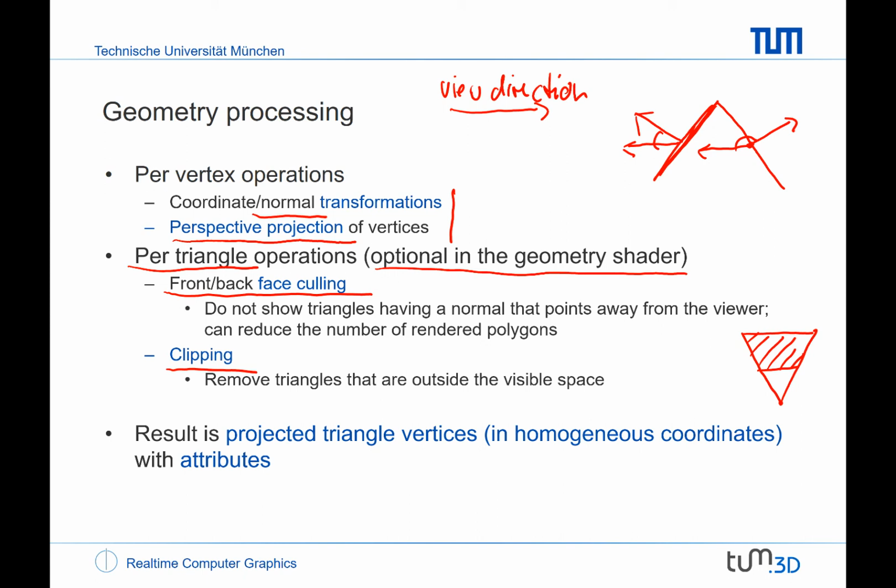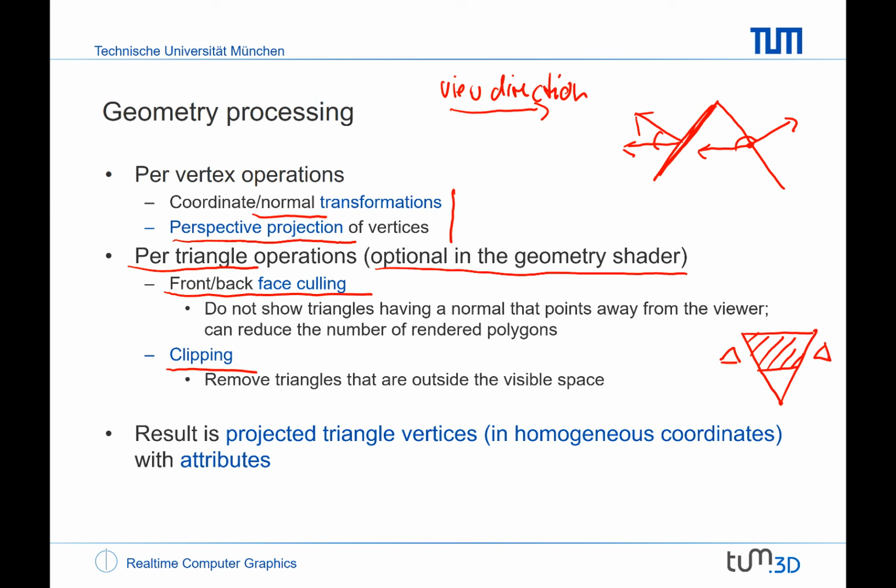And now if you have a triangle, for instance, which is outside that visible space, then if you can quickly determine that it is outside, you can also exclude it from being rendered.